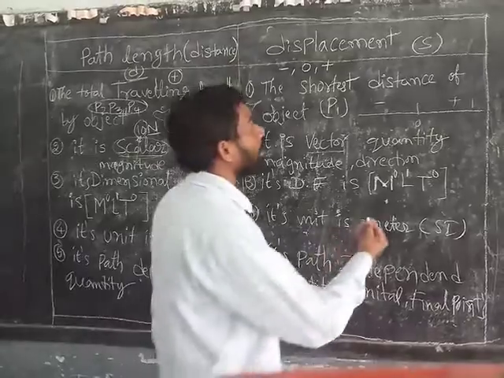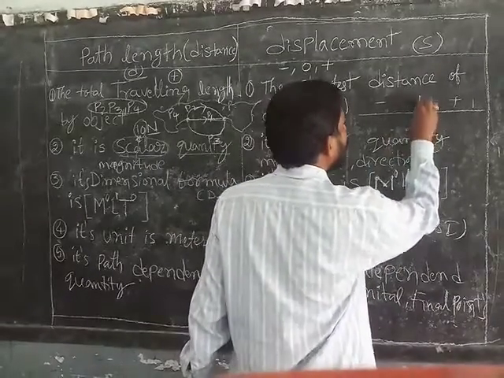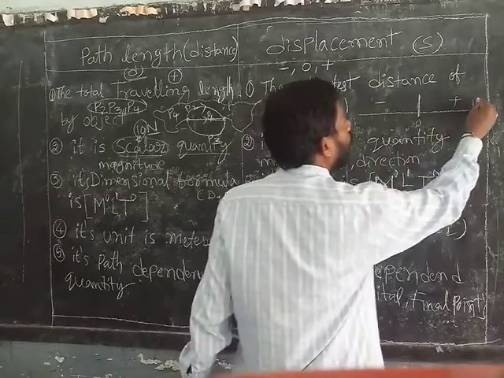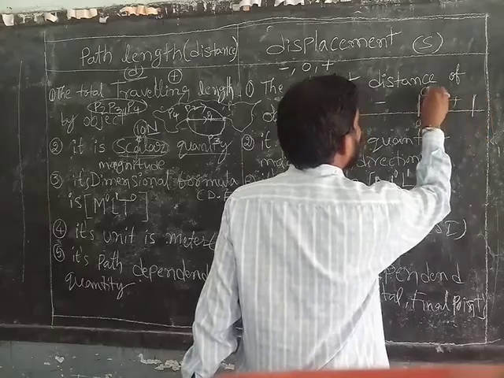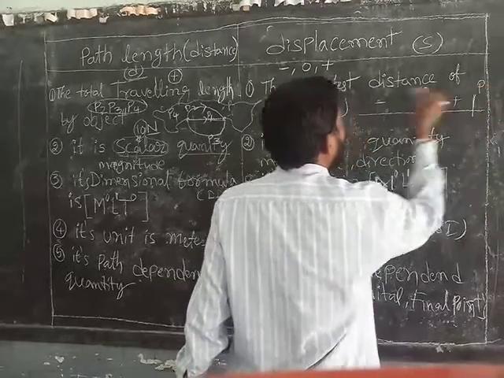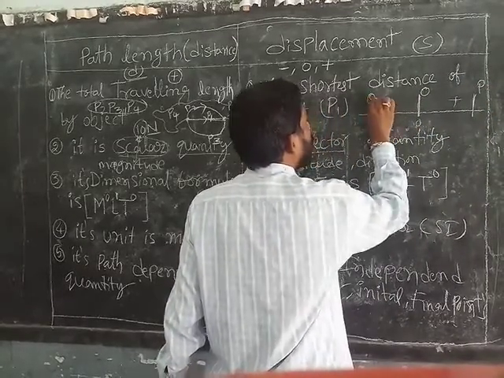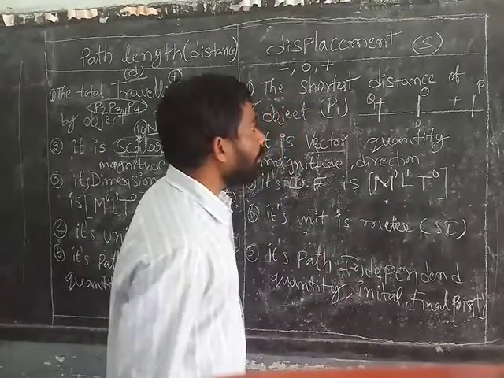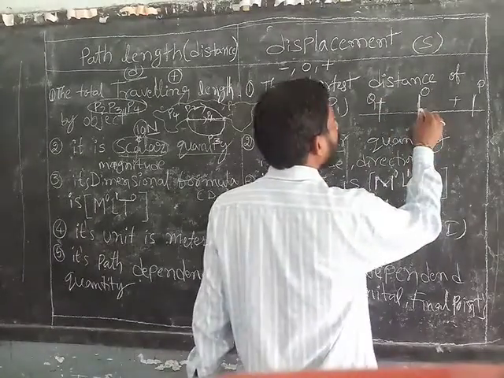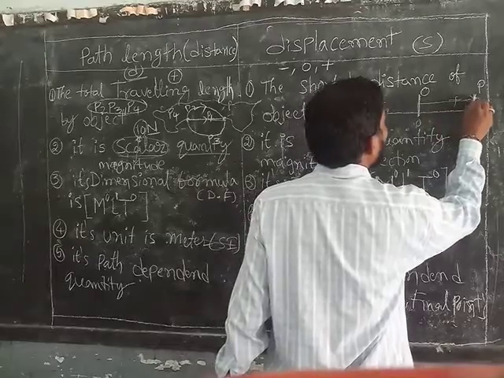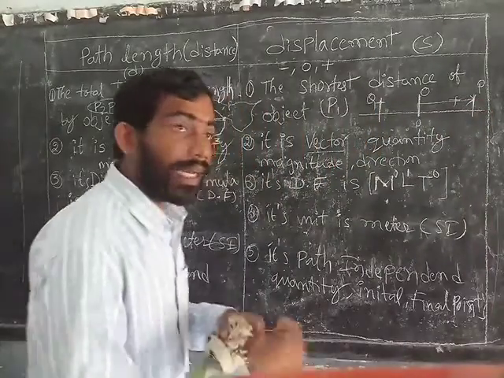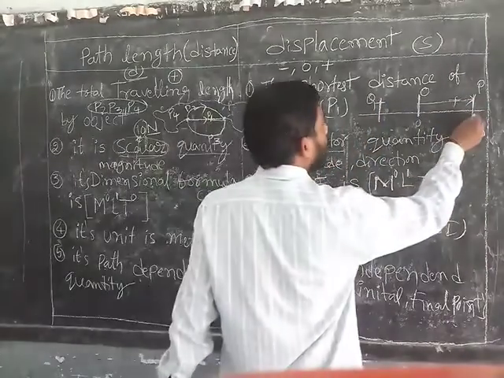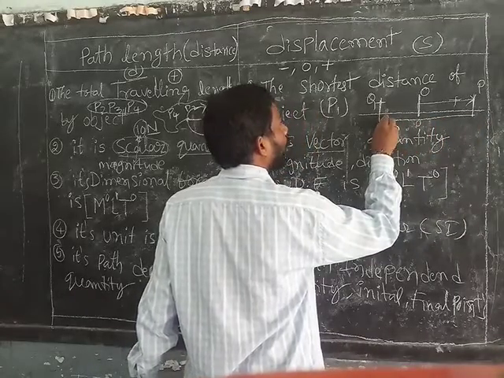Suppose a particle starts at this point. Suppose this is O, this is P and this point is Q. Suppose our body or particle goes from O to P, then again returns from P to Q.